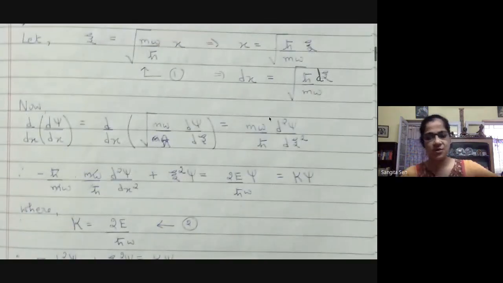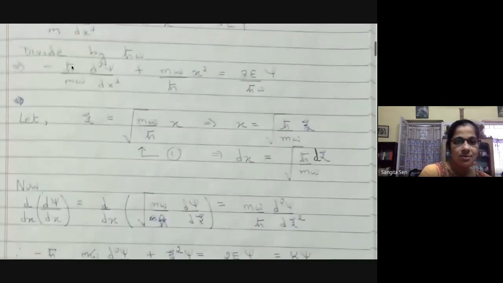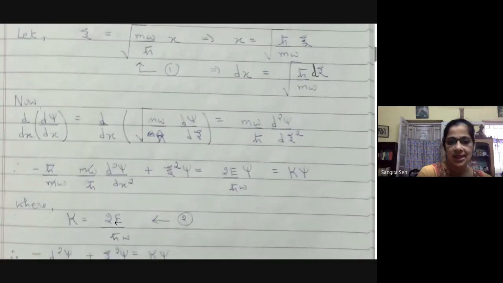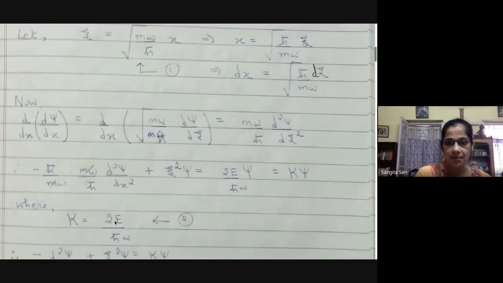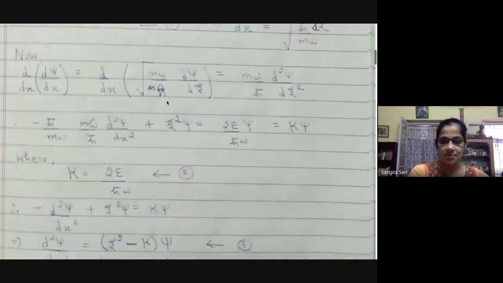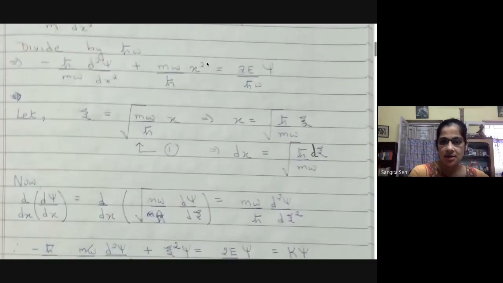I just introduced this extra factor, which doesn't change anything. When I put this back into the Schrodinger equation, we had an h cross by m omega here, so they cancel each other. The second term is simpler: if you take the square of xi, you get m omega by h cross x squared, which is exactly this term. So we write xi squared, and there should be a psi here.